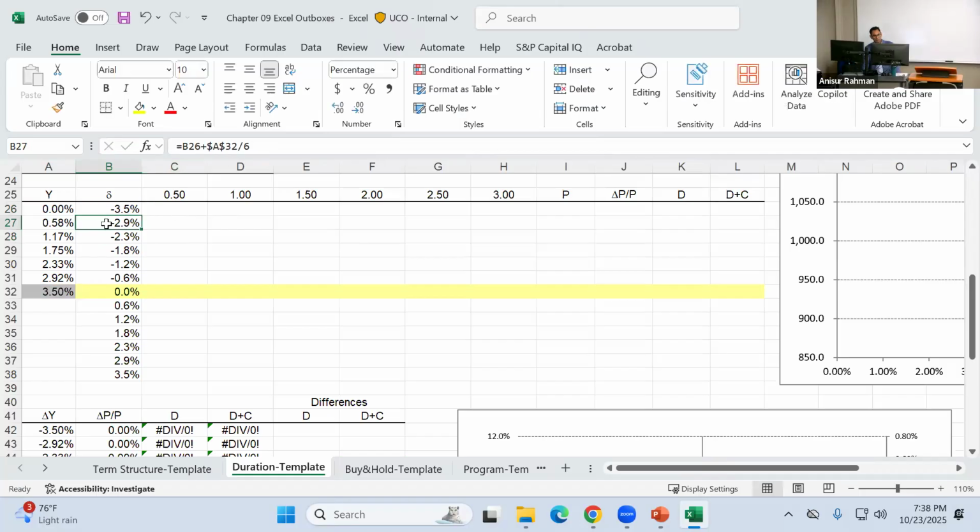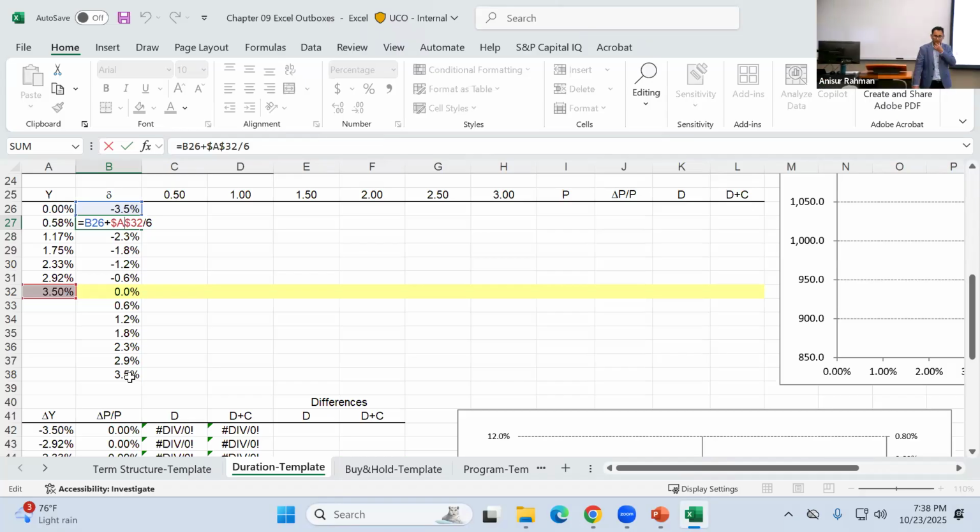You have to pull down from B27 till B38, right? Yes, that is giving a different number, divided by 6. Let me have a look. The last one is correct, but this one, 4.1, the last 2.9. This one is also. So let me see here.